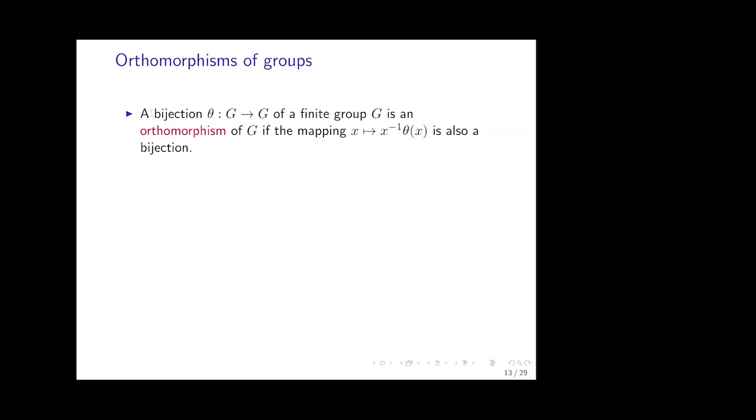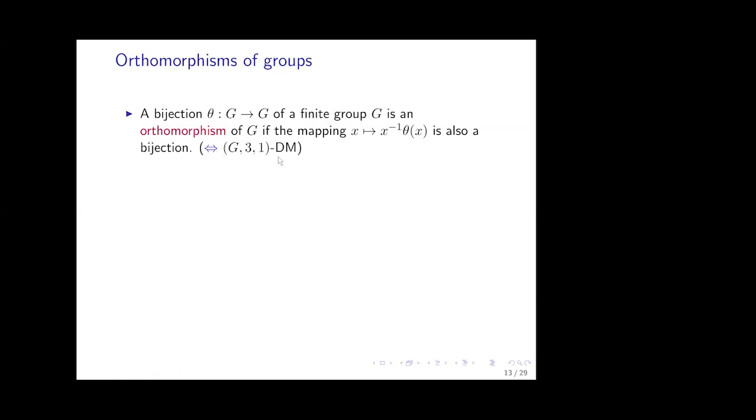A bijection theta from G to G of a finite group G is an orthomorphism of G if the mapping x to x inverse times theta x is also a bijection. This concept is a little complicated when we first look at it. Actually, it is nothing but a G,3,1 difference matrix.